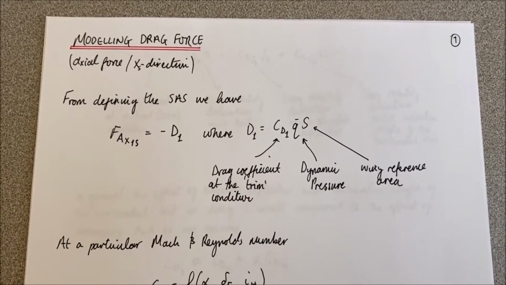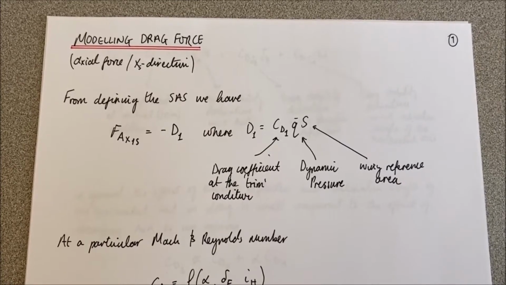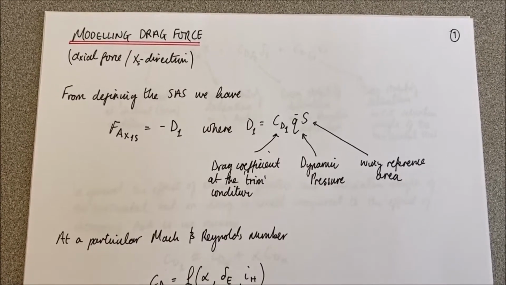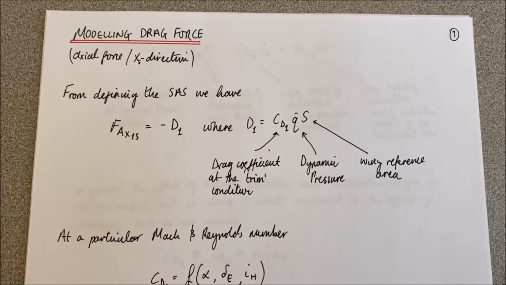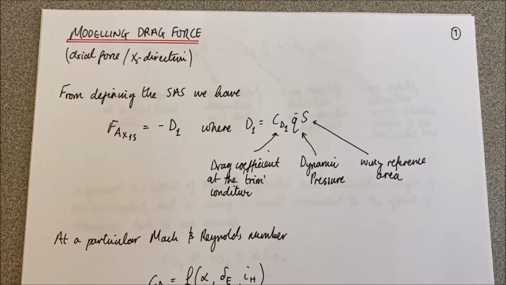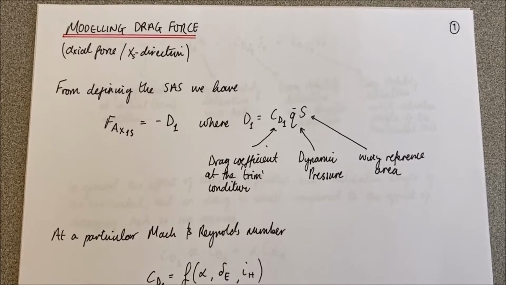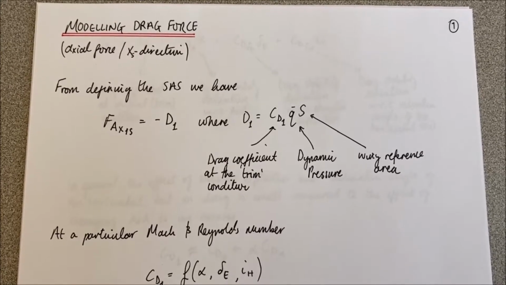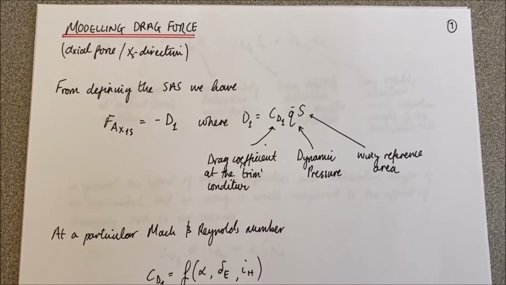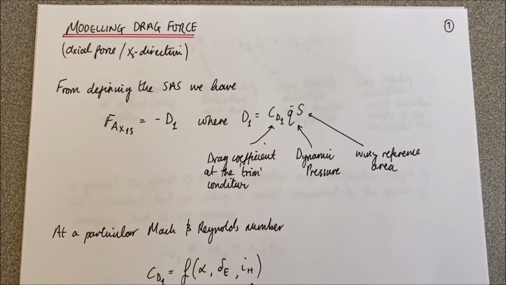And recall, of course, that we can describe drag as the drag coefficient multiplied by the dynamic pressure multiplied by the wing reference area. Again, subscript 1 on the drag coefficient is the drag coefficient associated with trim condition.